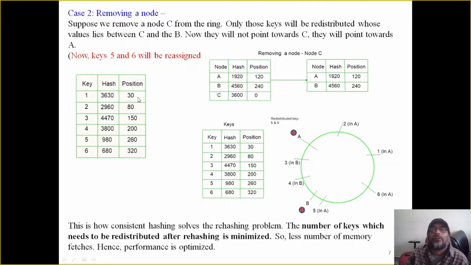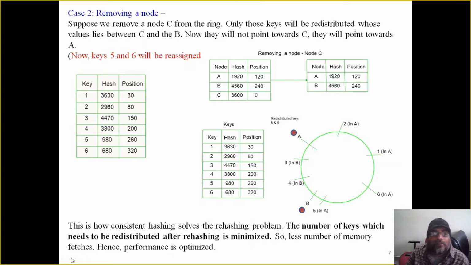So this is node ABC, and we have removed this C. So this is the new position on the ring of nodes, and here I should also show the new nodes, here it is assigned. Okay, so this is how consistent hashing solves the rehashing problem.